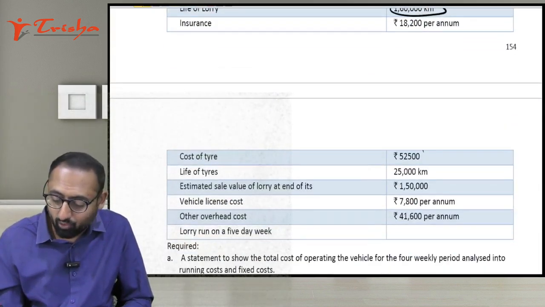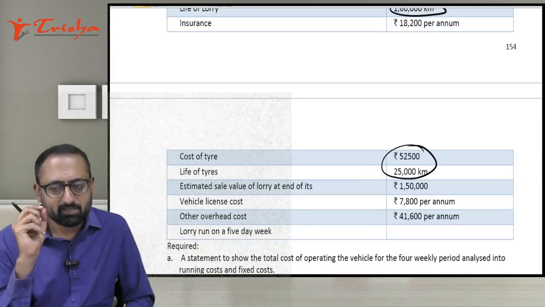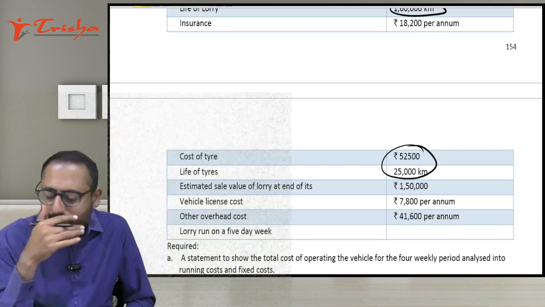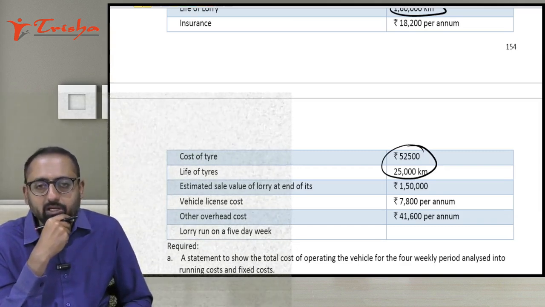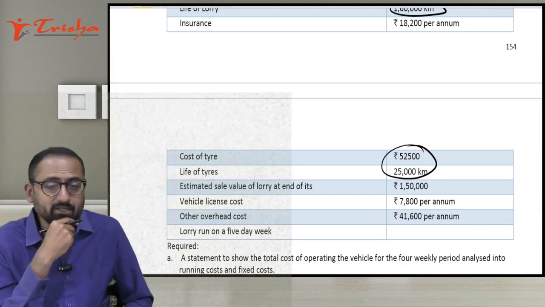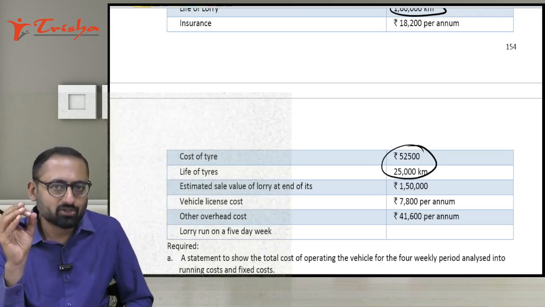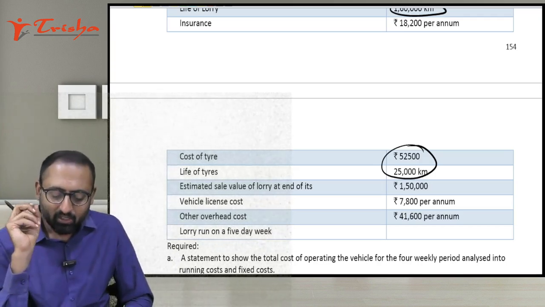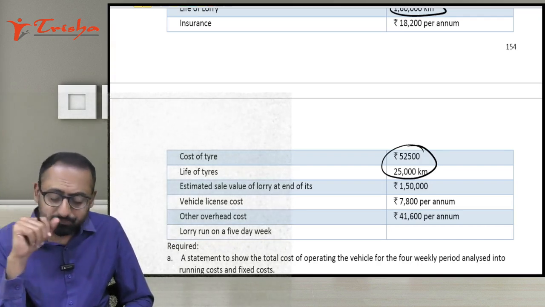Cost of tire, life of the tire is also given in kilometers. In such a situation, if tire cost is given and life of the tire is given in kilometers, then that tire cost will be treated as a variable cost. Next, estimated sale value of the lorry at end of its life, 1,50,000.